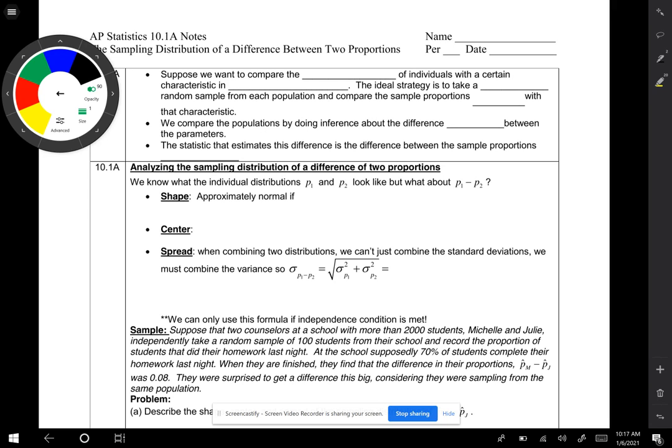Suppose we want to compare the proportions of individuals with a certain characteristic in population groups A and B. The ideal strategy is to take a separate random sample from each population and compare the sample proportions with that characteristic.